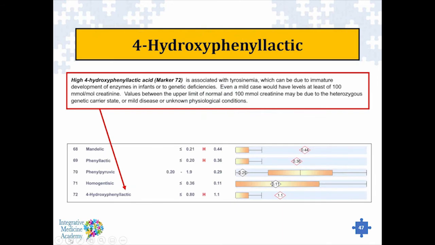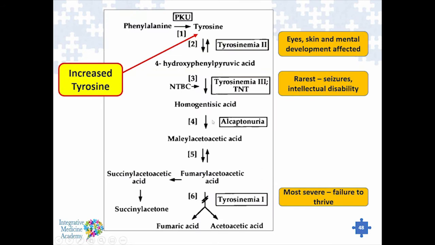4-hydroxyphenyllactic, again, is found on the last page of the OAT under the amino acid metabolites section. This is actually linked to what's called tyrosinemia. And tyrosinemia from a metabolic disease standpoint is quite serious, again something that's usually manifesting in children.